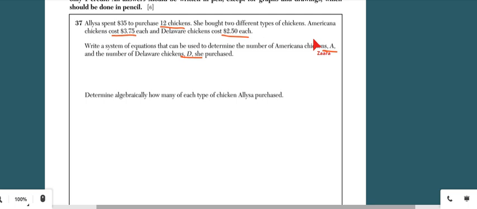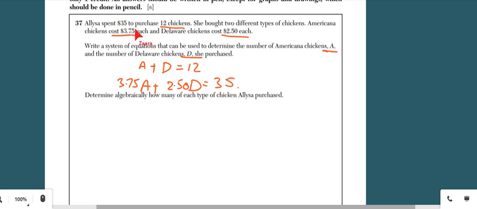Okay. So the total number of chickens is 12, right? So it is A plus D equals 12, and then we have to write the cost. For Americana it is 3.75A plus 2.50D, that is equal to 35.